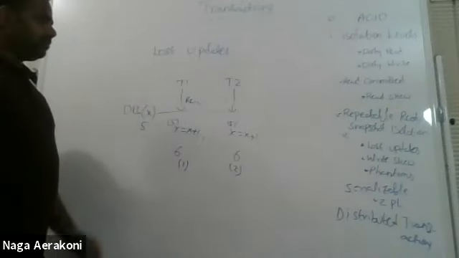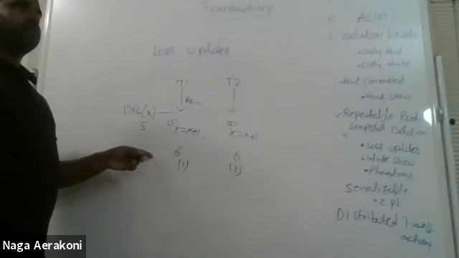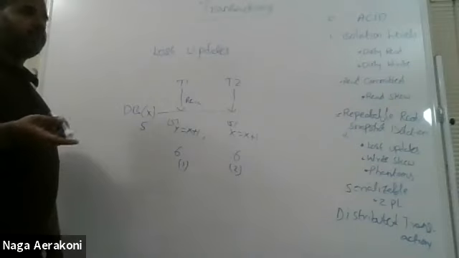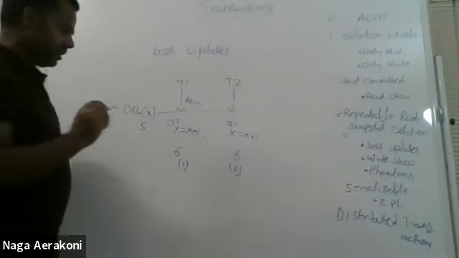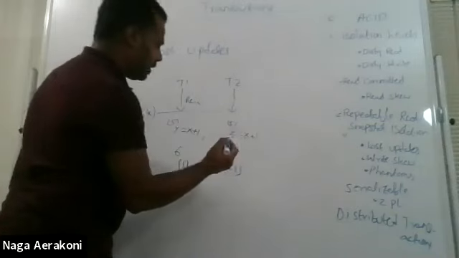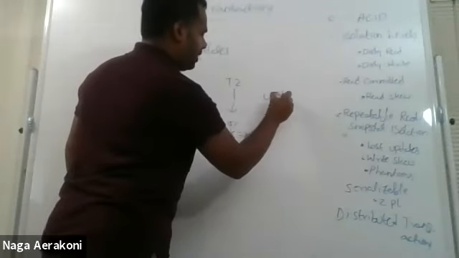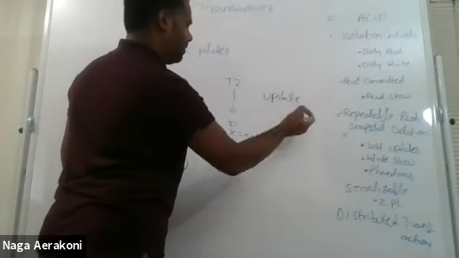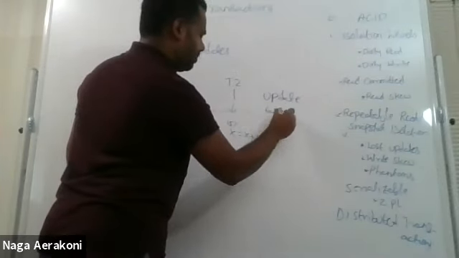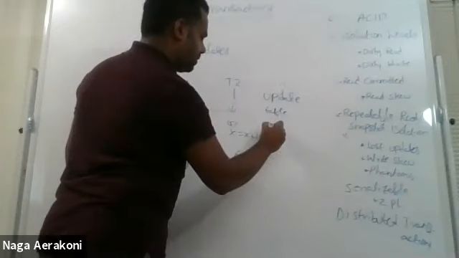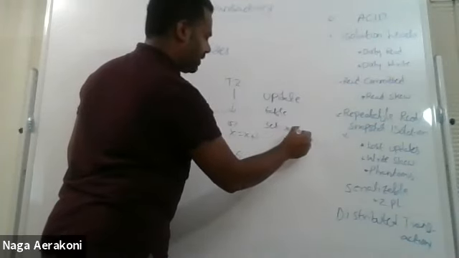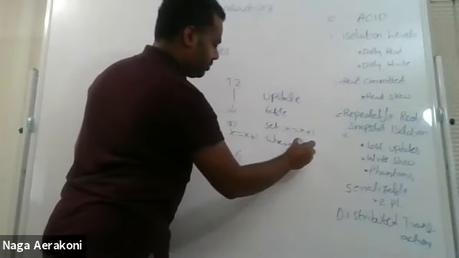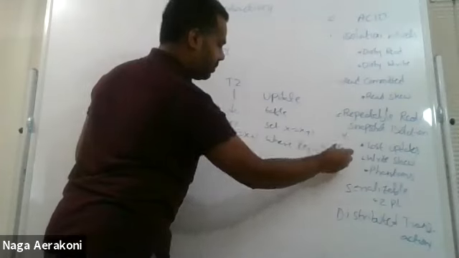One of the ways databases try to prevent this is using atomic increment updates. I think some or most databases allow this. So you write an update query: update table set x equal to x plus 1, where the key is equal to the primary key.